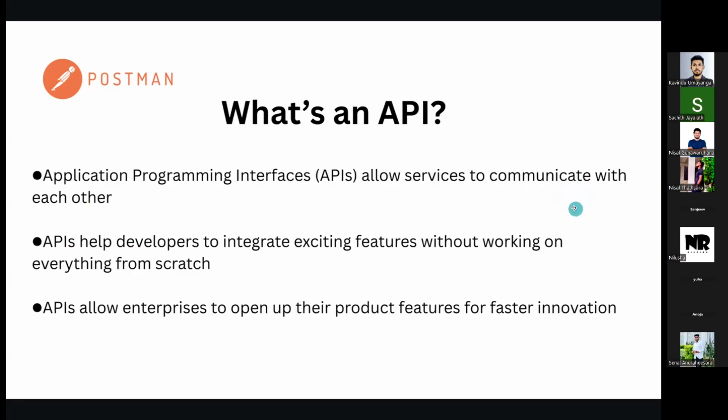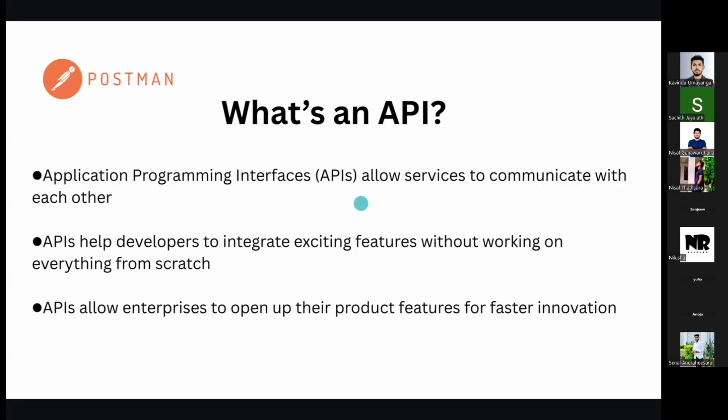So I already told these things. API means application programming interface, which allows applications to communicate with each other. And again, APIs help developers to integrate existing features without working on everything from scratch.